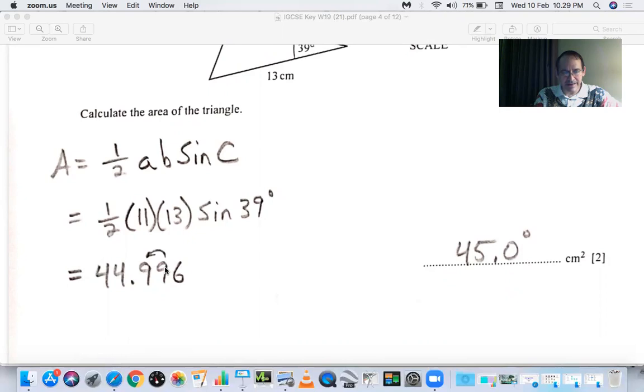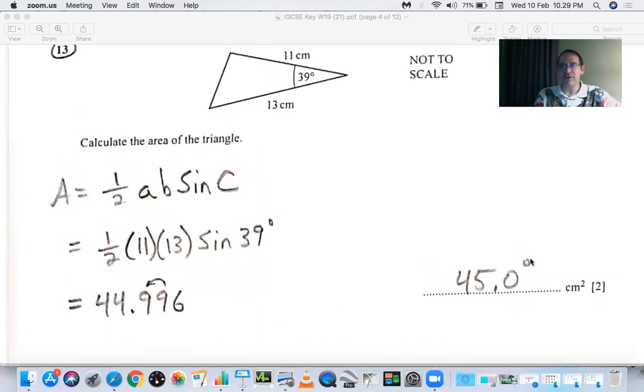The next number after that is a 9, so that's going to raise this up to 45.0. You do need to put the 0. It is 45.0. It should not have the degree, because it's area, it's not degrees. So sorry about that. Scratch off the degree. Don't put the degree symbol there. It's just 45.0.